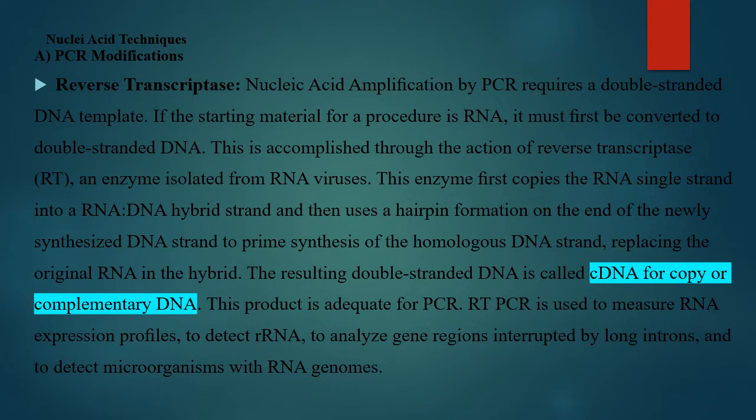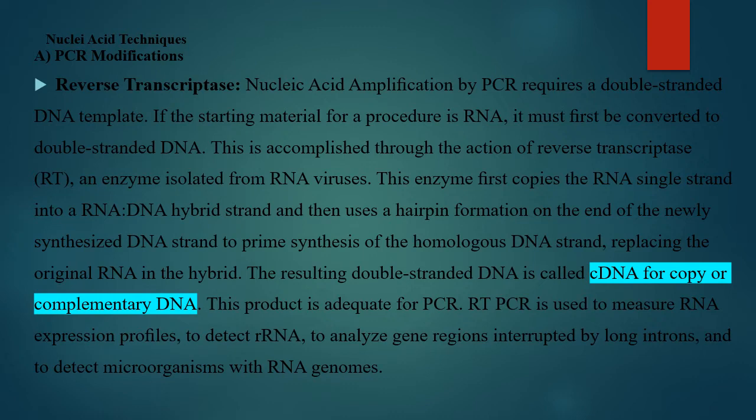So your first step is to convert the RNA to double-stranded DNA. And this is accomplished through the action of the reverse transcriptase, an enzyme isolated from RNA viruses. So in RNA viruses, they have the reverse transcriptase, which moves RNA to DNA.